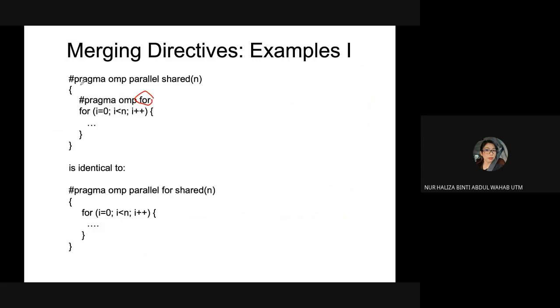Instead of typing parallel shared and then having another loop inside, you can just directly combine this pragma for into your parallel.